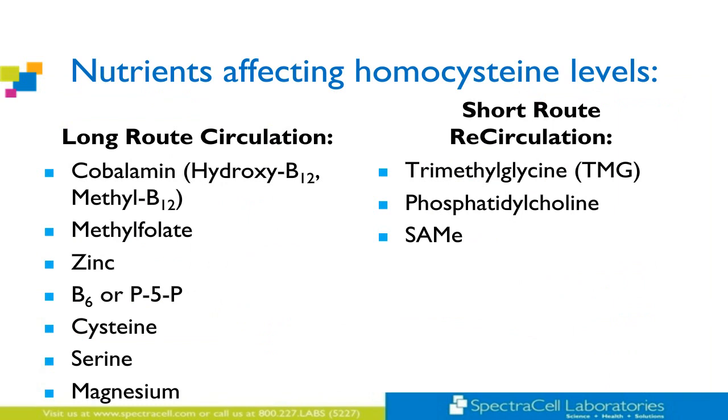Again, the full circle around the circle, we call this the long route circulation, but then there's the short route directly up through BHMT that can also work to our benefit. Some of the nutrients that are implicated for that: trimethylglycine, phosphatidylcholine, again, SAMe being important.